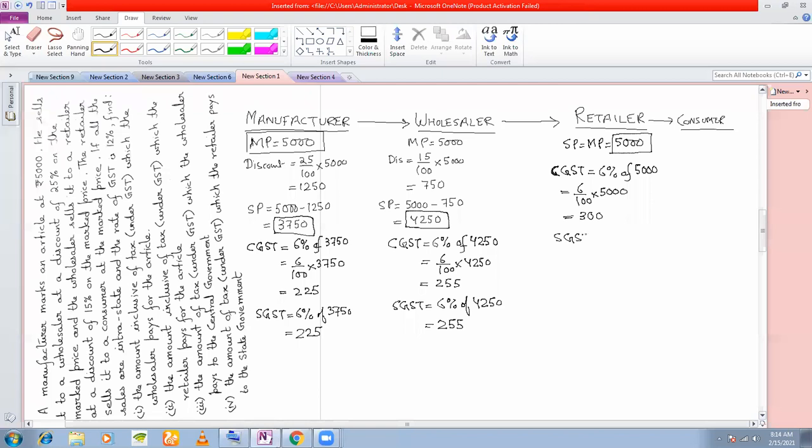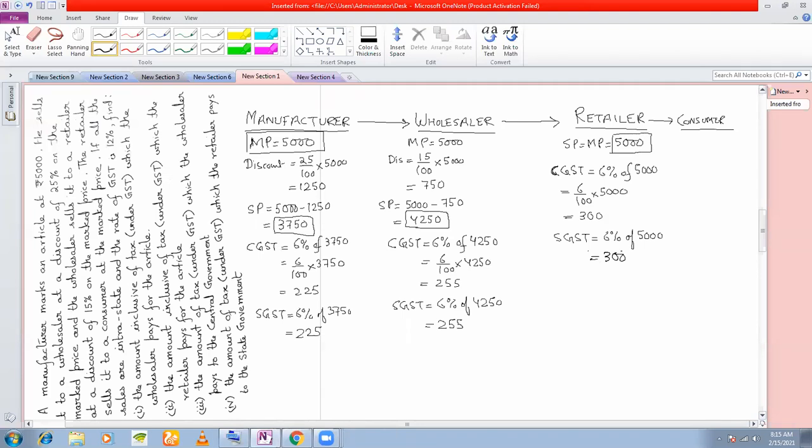SGST is 6% of 5,000, which is 6 by 100, or we can write directly 300. We've already calculated above 6% of 5,000, which is 300 rupees. So CGST and SGST we have calculated.